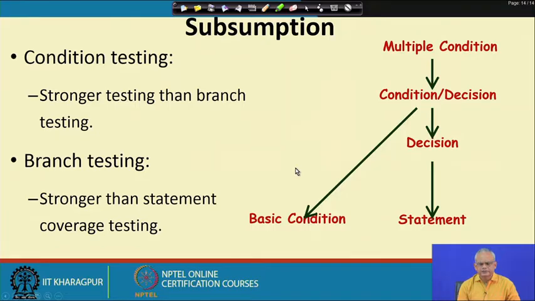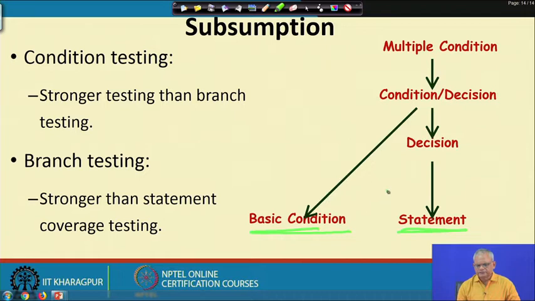So, based on our discussion so far, we can say that statement coverage is the weakest testing, and so is basic condition coverage testing, but they are not comparable, because basic condition testing does not ensure statement coverage testing and vice versa.